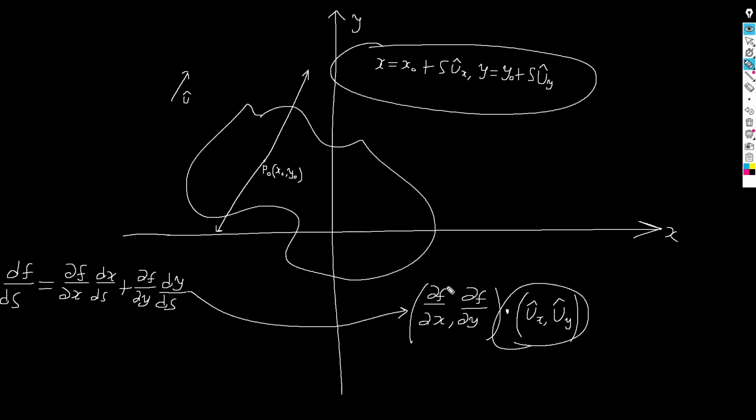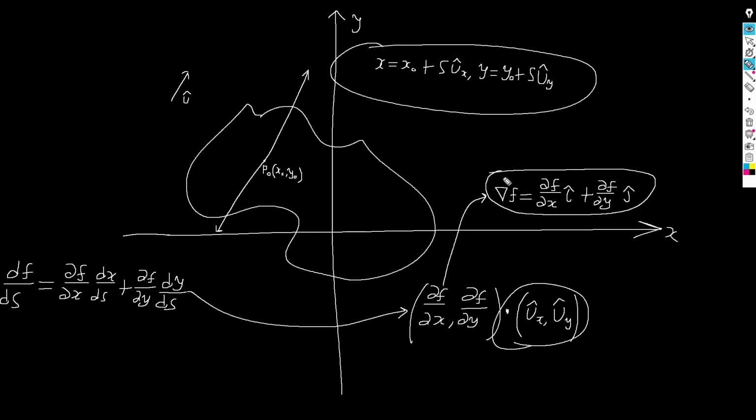And this is where we define a new term. It may just seem to make this computation or dot product easier, but actually it's very useful. And that is called the gradient vector. It's notated like this. You can read it as grad f or del f or gradient of f.